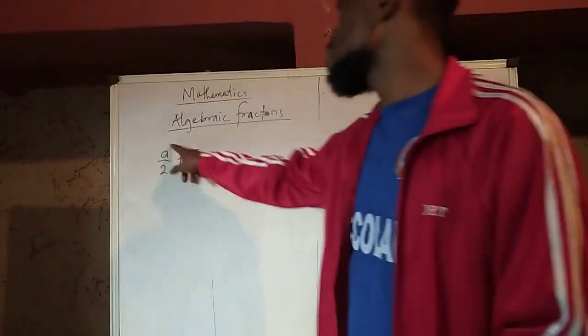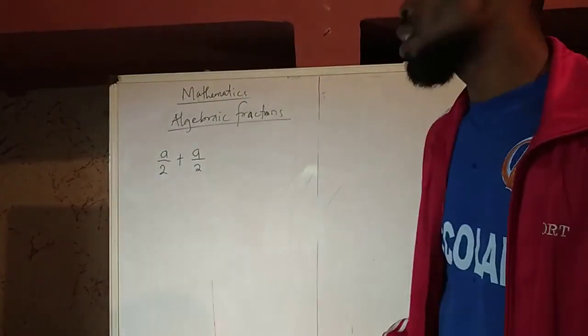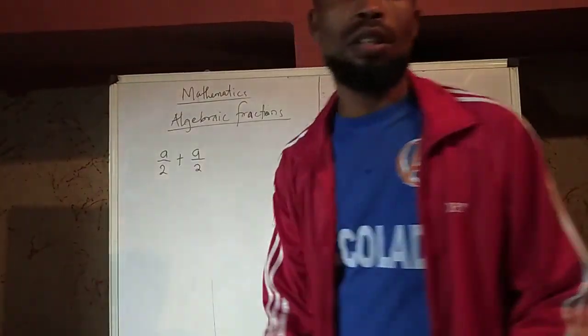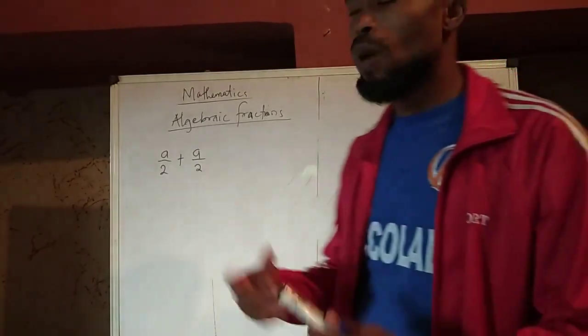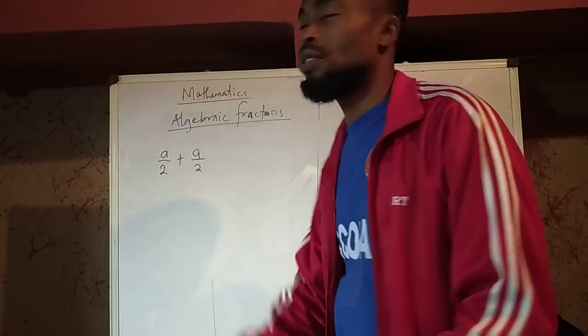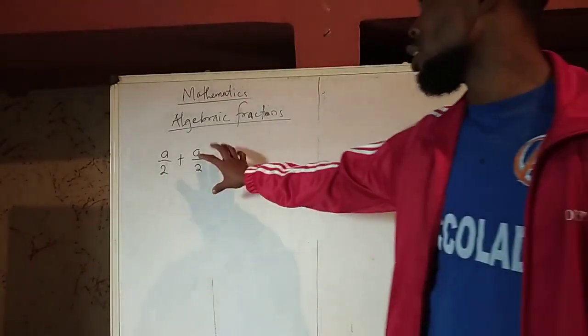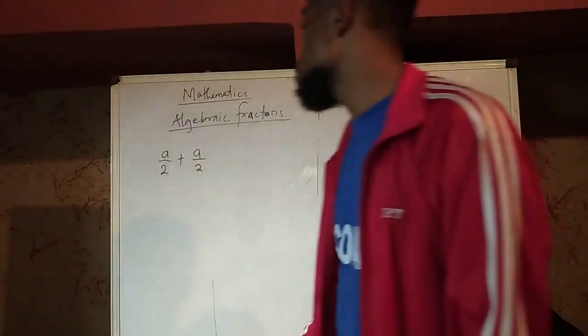So these are fractions and they are in algebraic form. We are going to be looking at how we can carry out operations, how we can do addition, multiplication, and all the rest when it has to do with fractions in algebra.